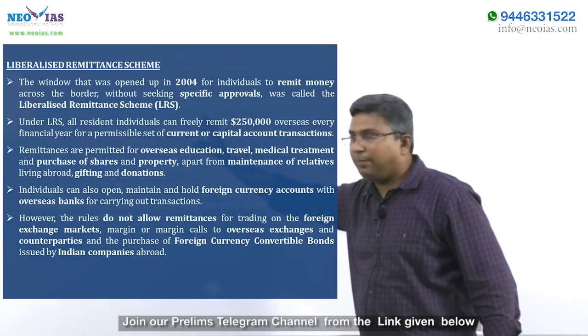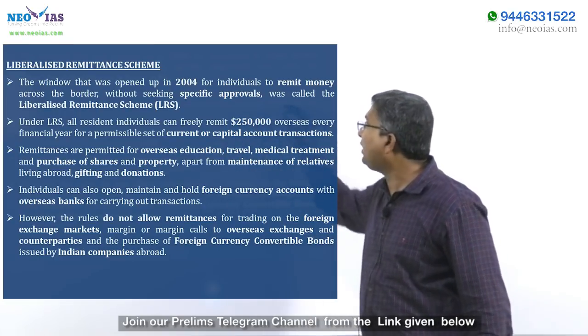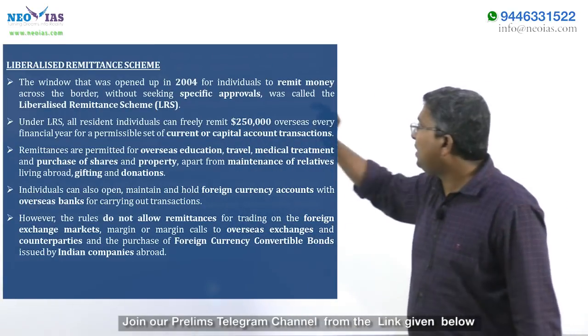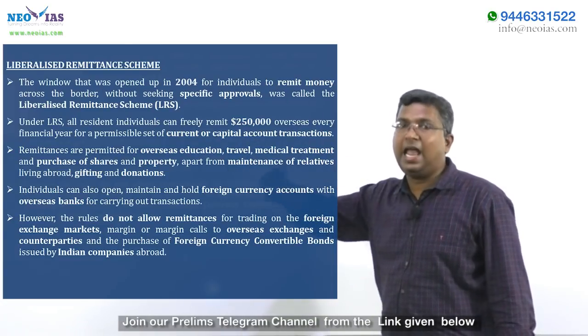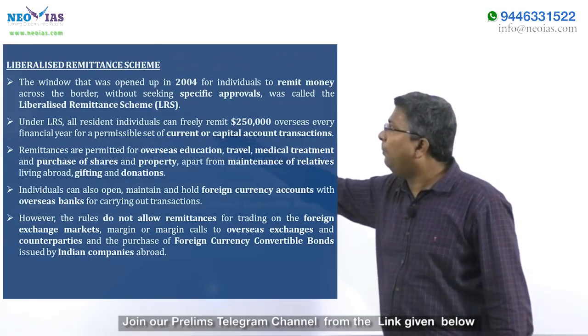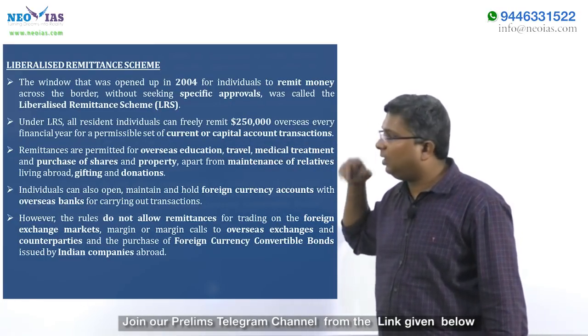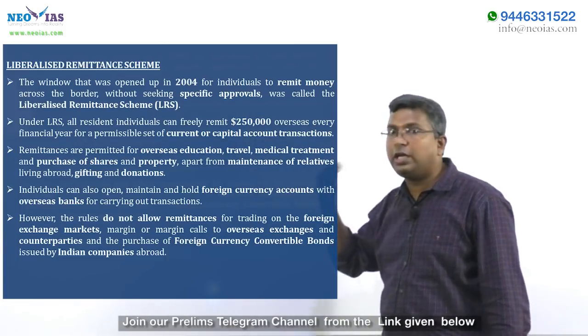But not for everything, there are certain permissible current or capital account transactions. Here current and capital account means the balance of payments current account and capital account. So what are the permissible sectors in which, especially from the current and capital account, you can transfer money?